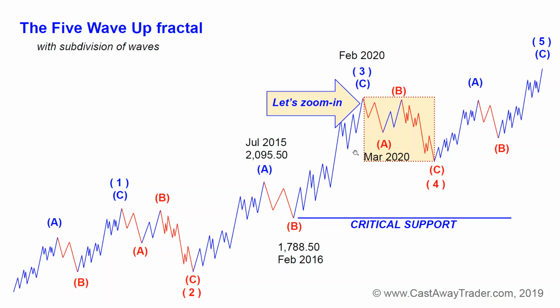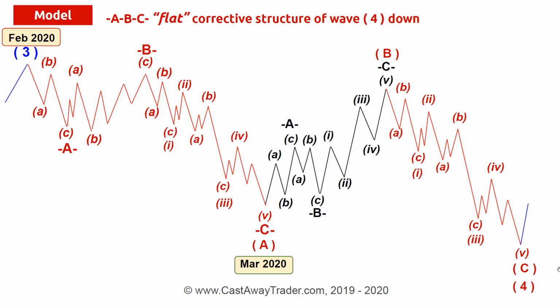If we zoom in, we are going to see a specific segment of the whole fractal. That ABC, the model of a corrective wave 4 down, is just a part of a bigger 5-wave up fractal. And this is what we keep doing all the time when we try to navigate a corrective move. We cannot work with a macro 5-wave up fractal.